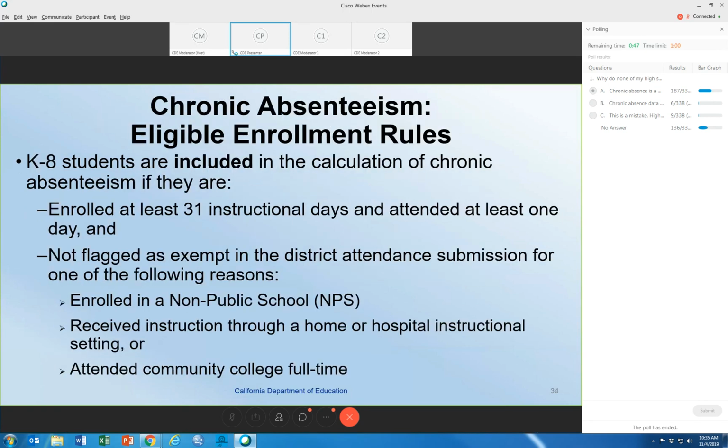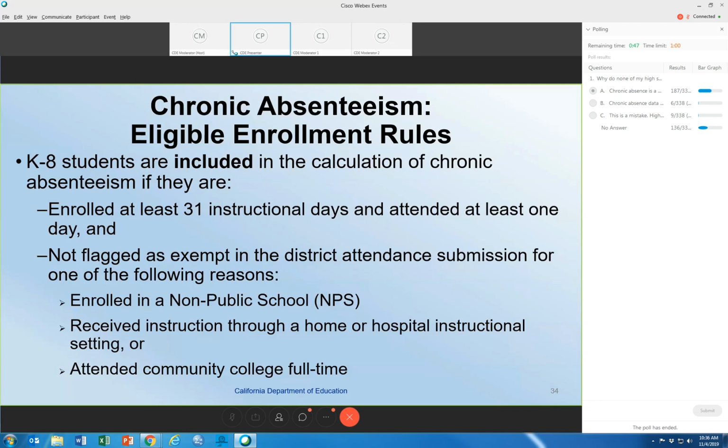In terms of those eligible enrollment rules that we talked about earlier, we're defining them now. So we talked about having K through 8 students only, that's our indicator. They're going to be included in the calculation of chronic absenteeism only if they are enrolled at least 31 instructional days and they have attended at least one of those days.